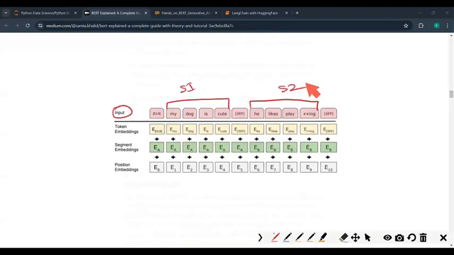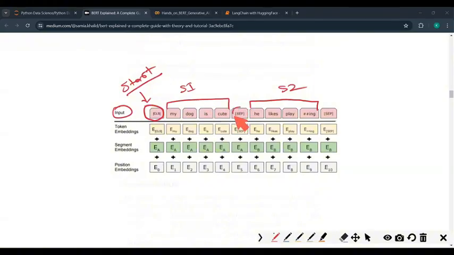So when you have statement 1 and statement 2, at the very start, it does not matter how many statements you are giving, 10 statements, 100 statements, 500 statements, at the start of the entire document you have to add a word CLS. CLS represents the start of the statement. Wherever our document is starting, this CLS token is a representation of that. So it will be only added at the very start of the entire data.